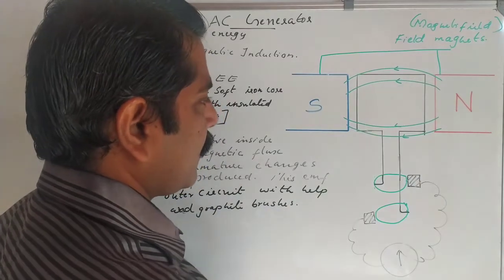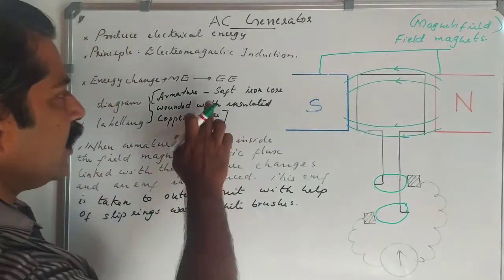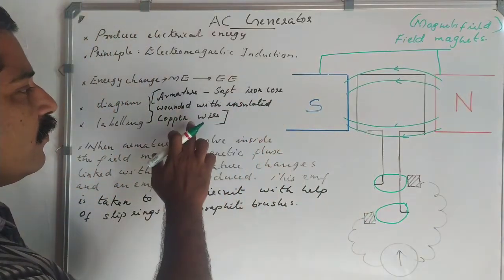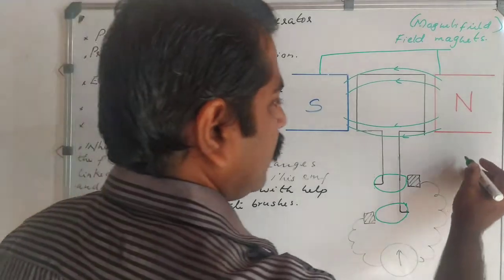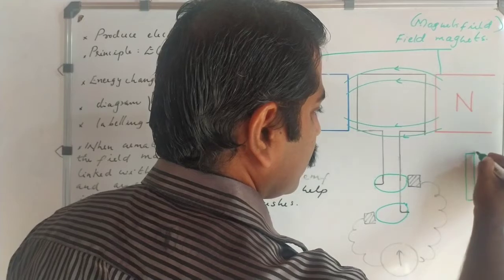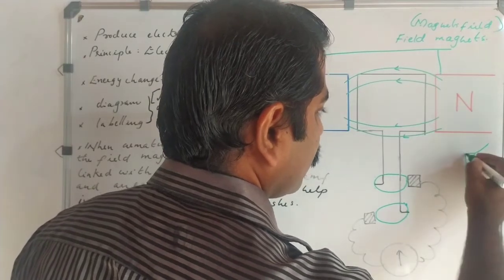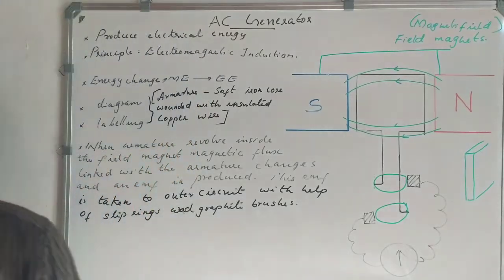Then, this is actually a soft iron core wound with insulated copper wire. Take a piece of soft iron, and copper wire will be wound over it.